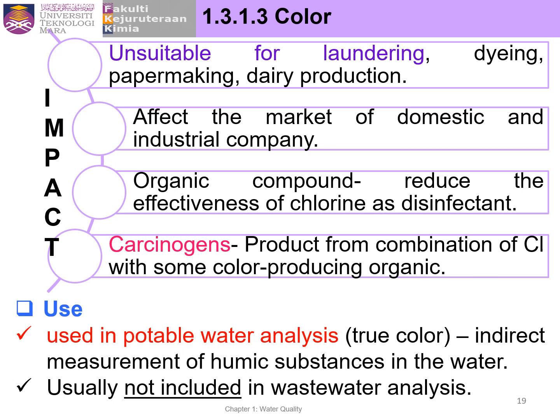It is an indirect measurement of humic substances in the water. Usually not included in wastewater analysis. So some of the research might need color as a measurement, but some research might not use color as a measurement. It depends on your purpose for a particular research.